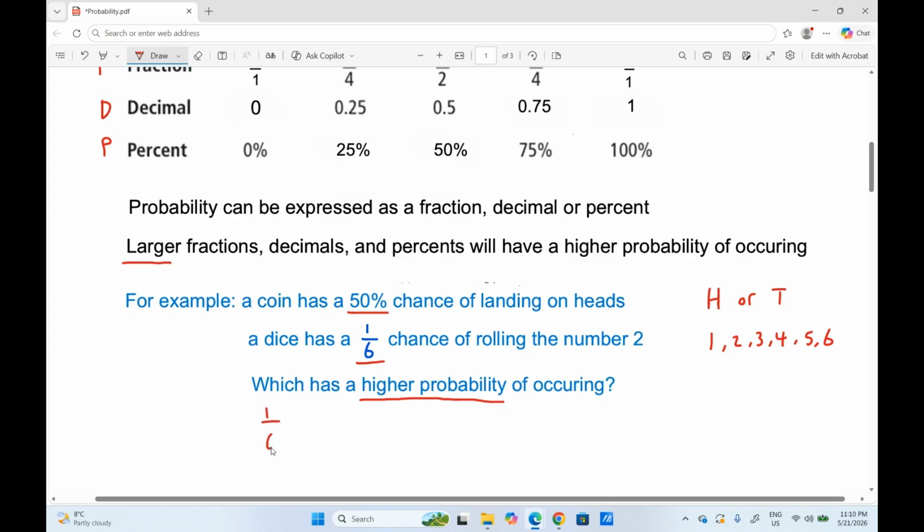1/6 is going to be equal to, if I convert it to a percent, 16.6 repeating percent.